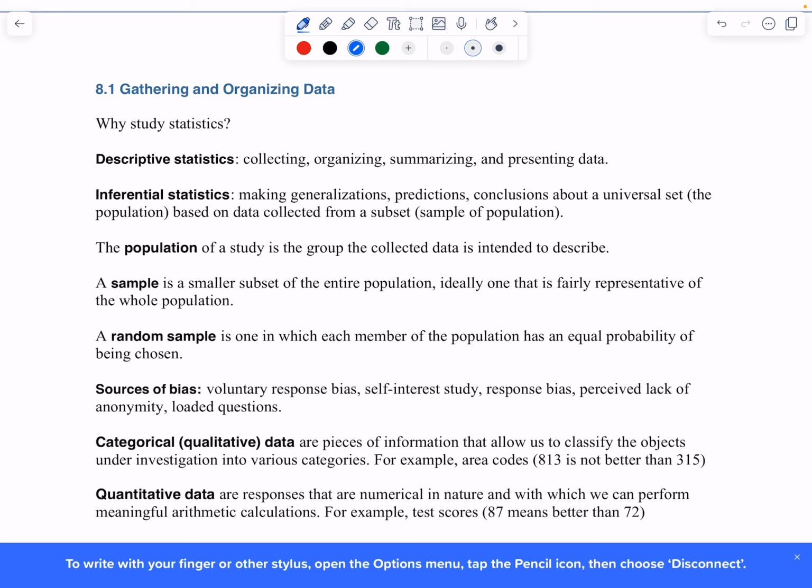So now I'm going to talk about the different types of statistics. There's descriptive, which is when we organize, collect, summarize, and present data. Inferential statistics is making generalizations, predictions, conclusions about a universal set, which is the population, based on the data collected from a subset, which is a sample of the population.